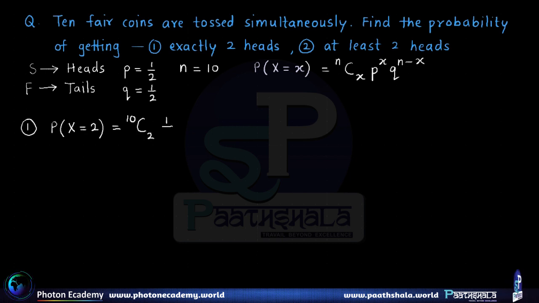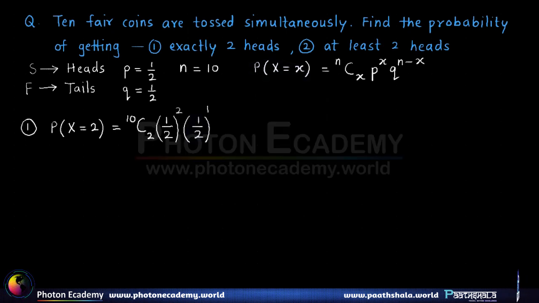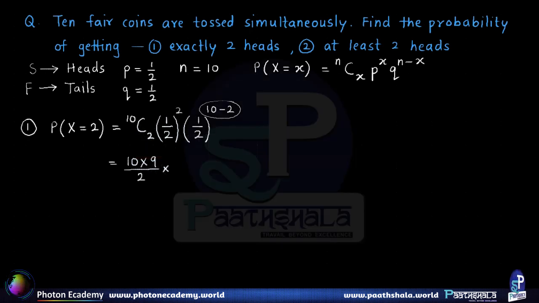Now p is half raised to 2 and q is also half raised to 10 minus 2. So that gives us 10C2, which is 10 into 9 whole upon 2, into, now if we observe, 1 by 2 raised to 8 as the second term, and that when added with 2 ultimately gives us 1 by 2 raised to 10.